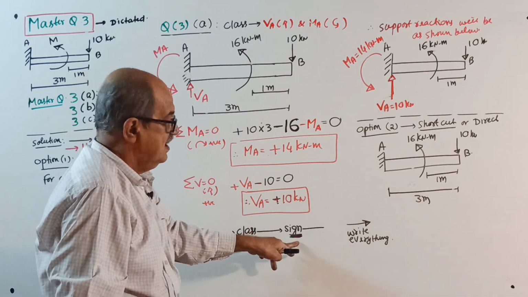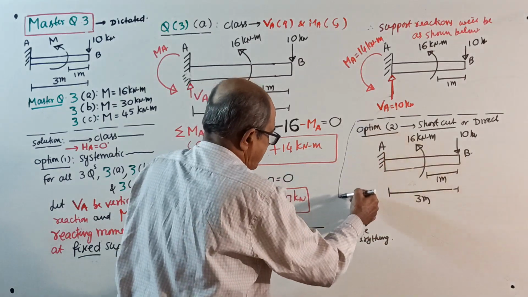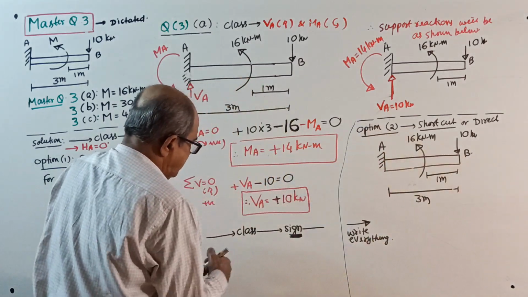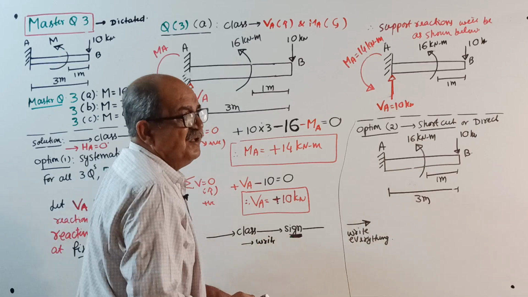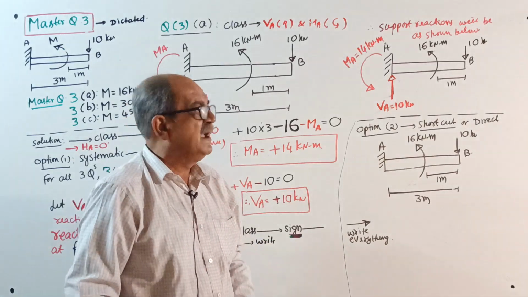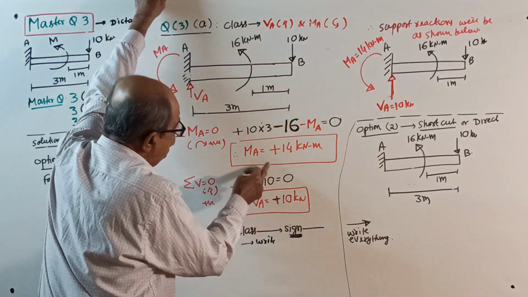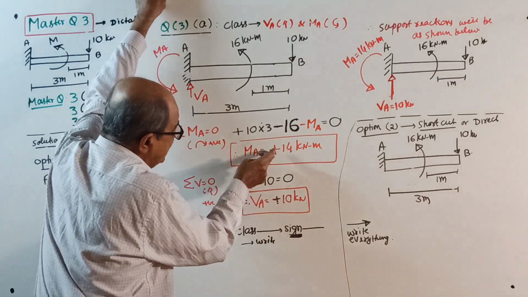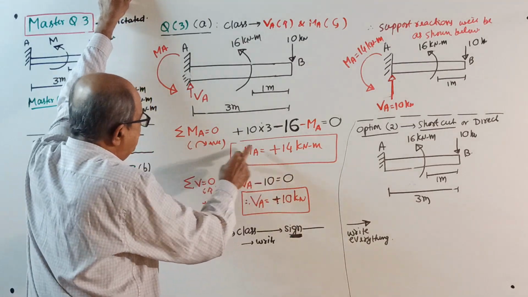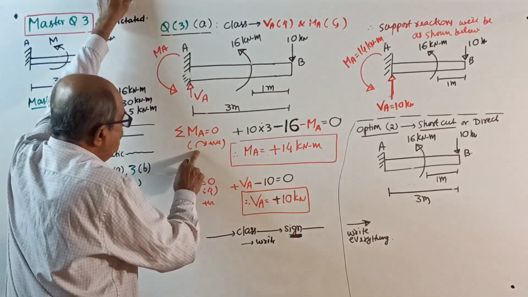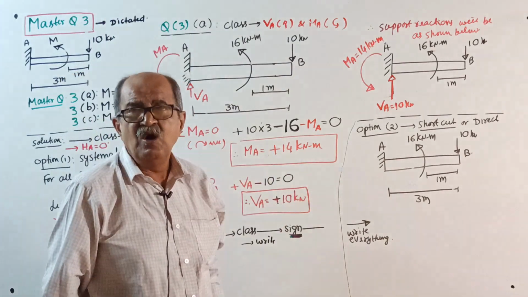Now, a class regarding sign. This is something else. What all I tell, write if you want. I am telling from the beginning of this engineering mechanics. We got positive sign for both VA and MA. When you took clockwise positive, you got positive. Some people will tell, so we took clockwise positive, it came positive, therefore clockwise. No, that is a wrong concept.